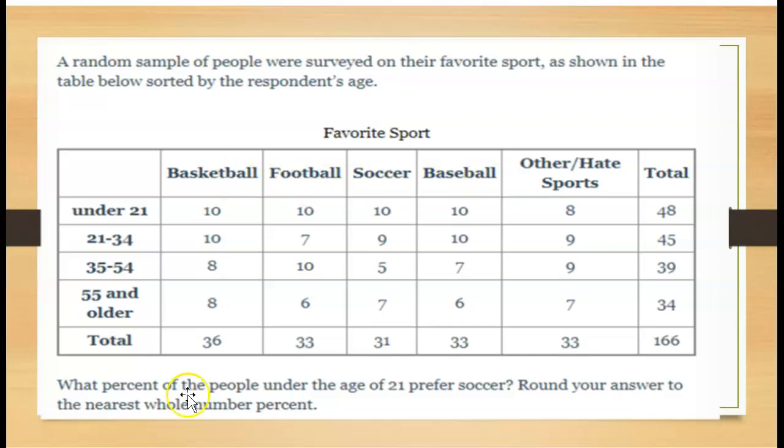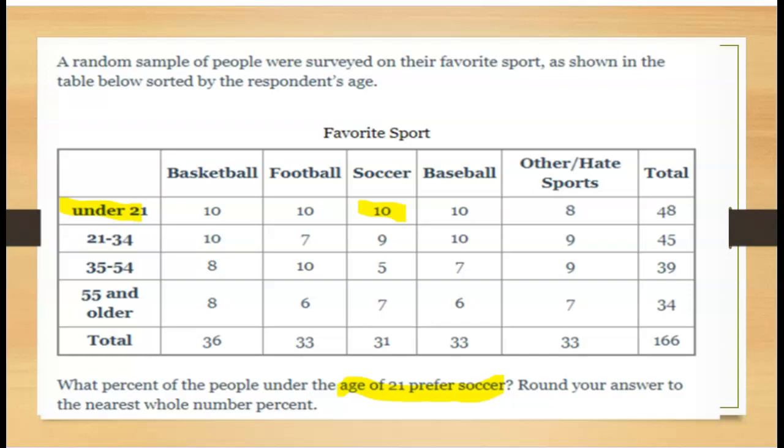We need to find out what percent of people under the age of 21 prefer soccer. So first of all, we have to identify our information. Under 21, soccer. What percent of people under 21 prefer soccer? How do you find a percent?